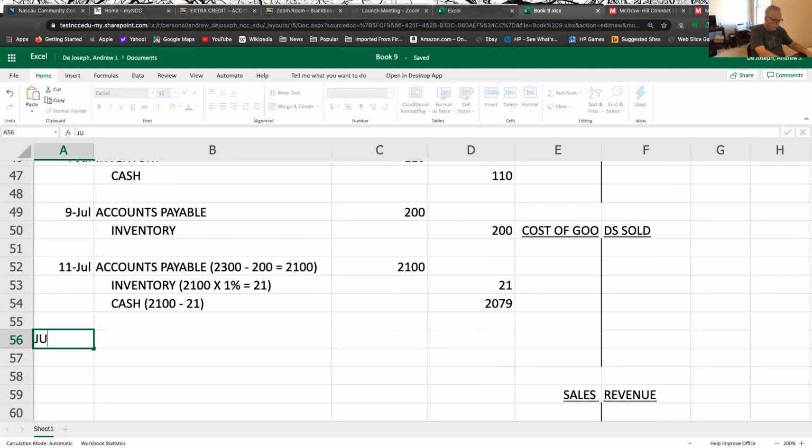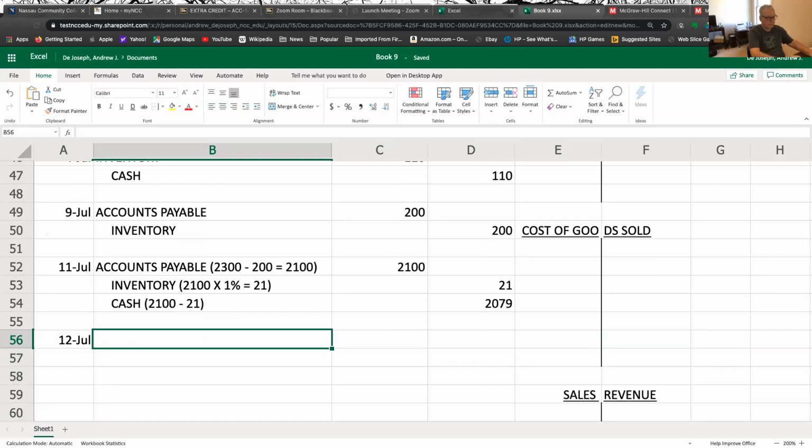July 12th. Sell CDs to customers on account, $5,800 that cost $3,000. Now remember, when you make a sale, you've got two entries to make. The sale, like you normally do, and the cost of goods sold is the second entry that you make, right?